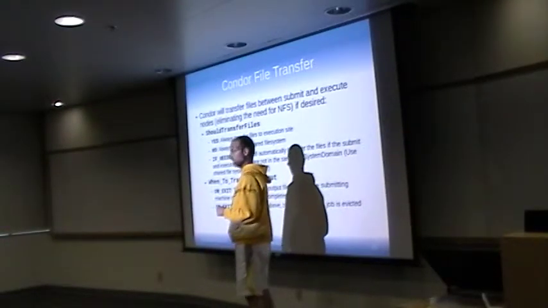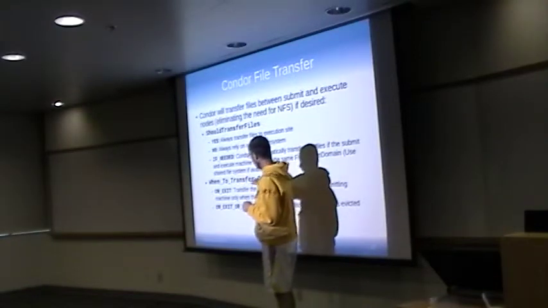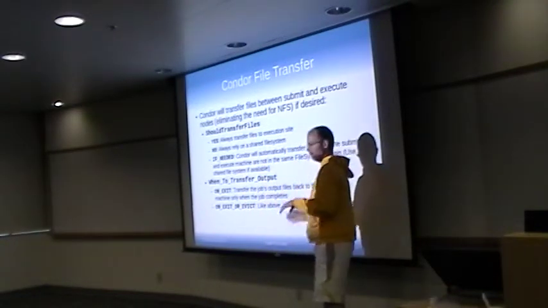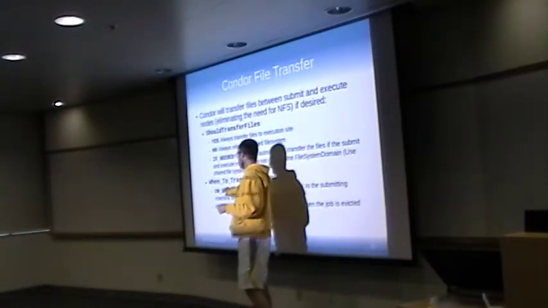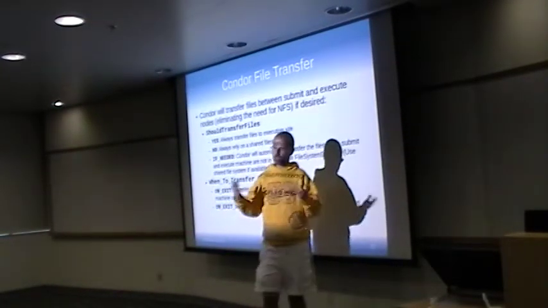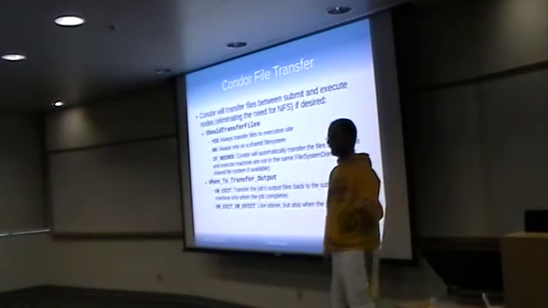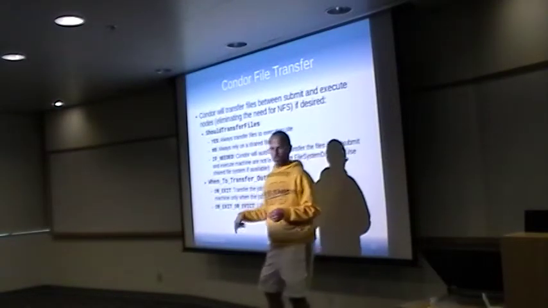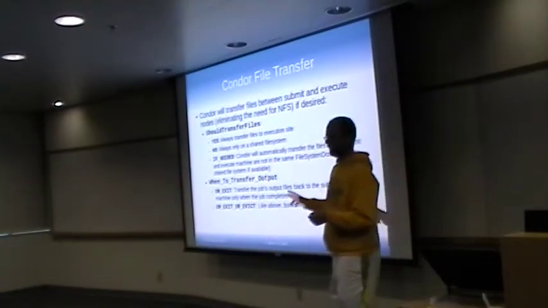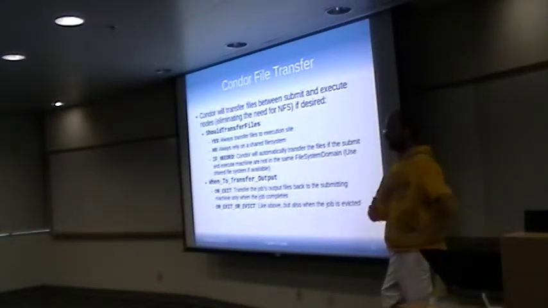And the other part of the equation is telling when you want the files back. By default, most people set it to on exit, essentially: when the job finishes successfully, bring back the files. The other option is on exit or evict, which essentially says if the startd needs to preempt your job for whatever reason, still bring back the files.